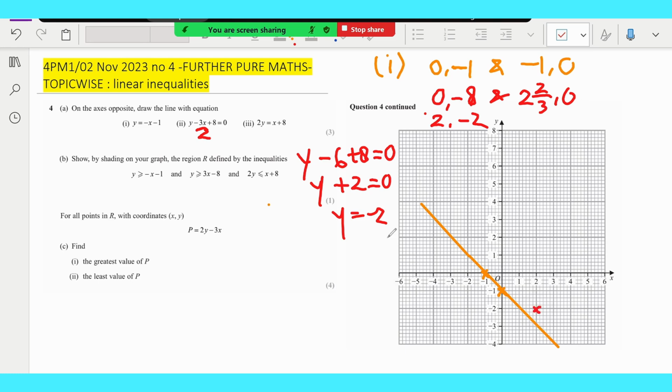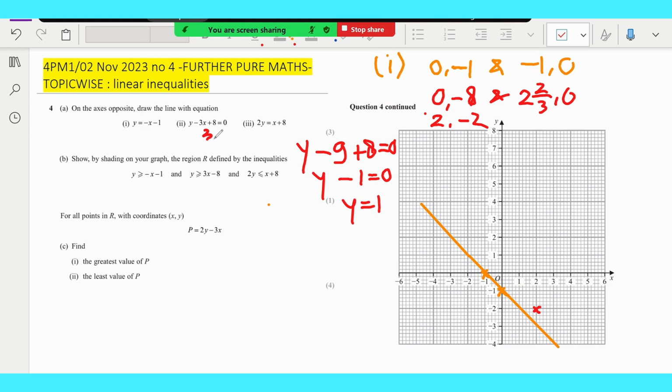2 negative 2, this is in here. Now let's take x equals 3. If we take x equals 3, so y minus 3 times 3, which is minus 9, plus 8 equals 0. So y minus 1 equals 0 and y equals 1.